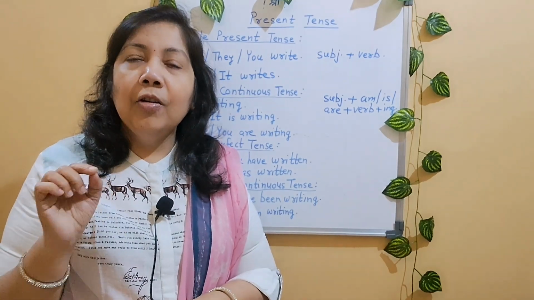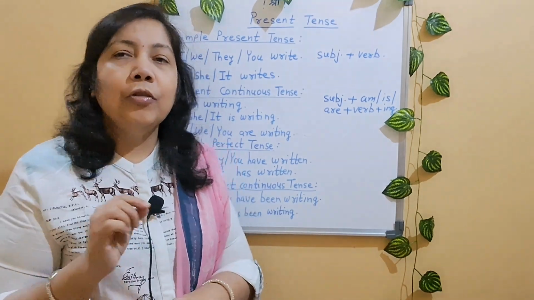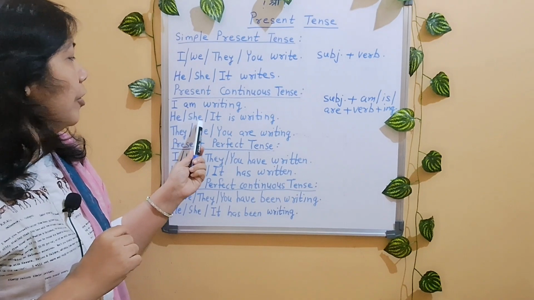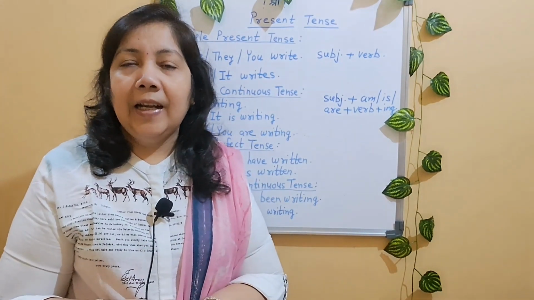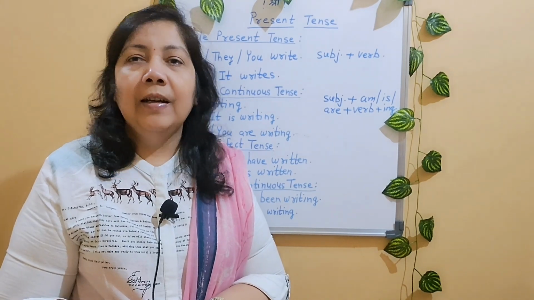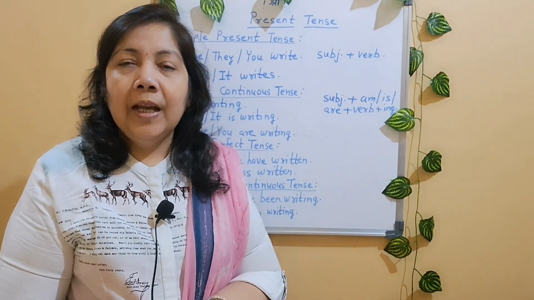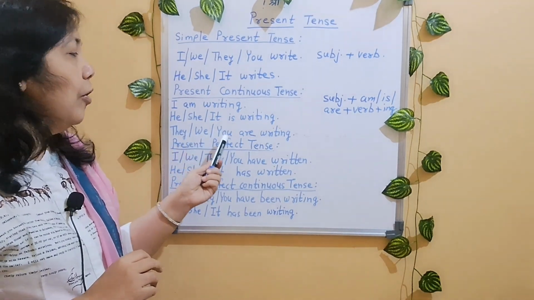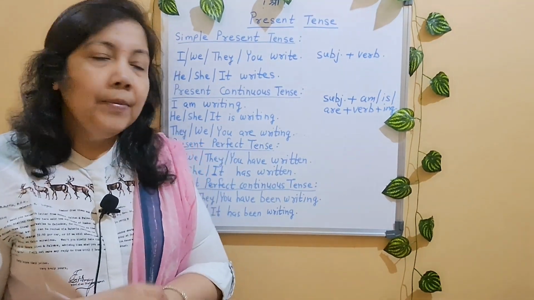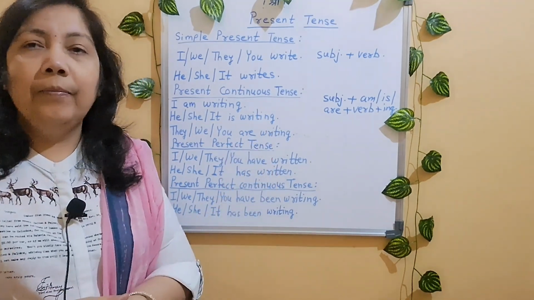When it is I, you have to take am. Suppose it is he or she or it, then you should take is. He or she or it is writing. He is writing, she is writing, it is writing. And suppose the subject is they or we or you, then it becomes are writing.